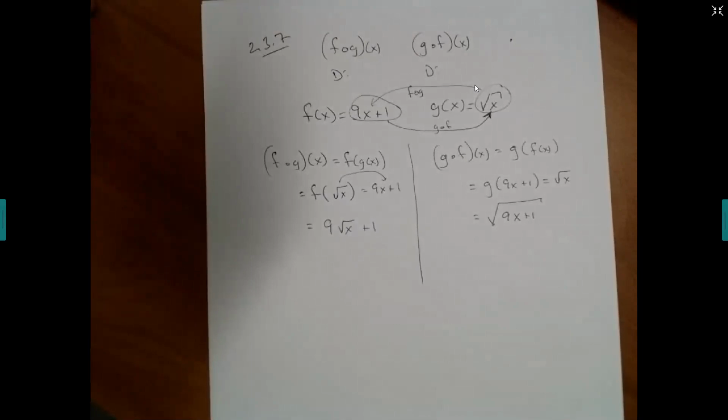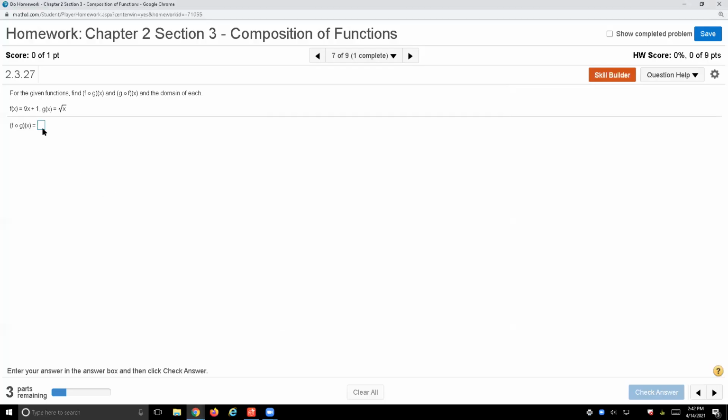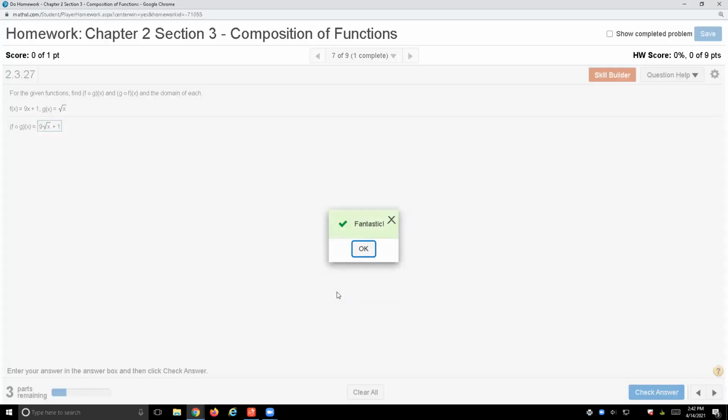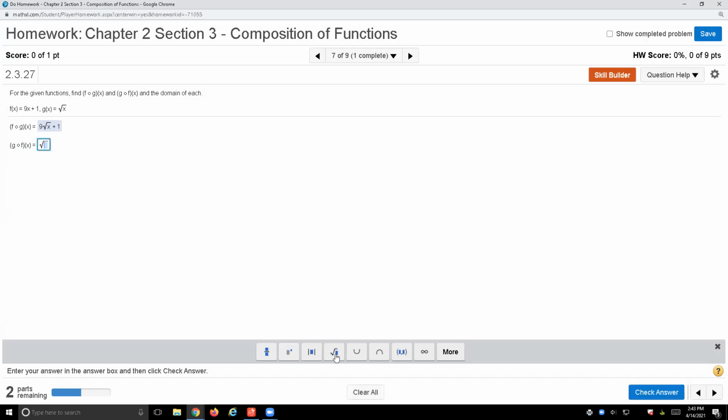Okay. Now we got those. Let's plug those in first and then see how it yells at me. So fog, we saw that was 9 square root of x plus 1. Now Goff, that was the square root of 9x plus 1.